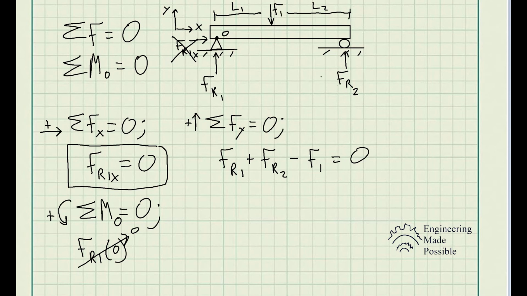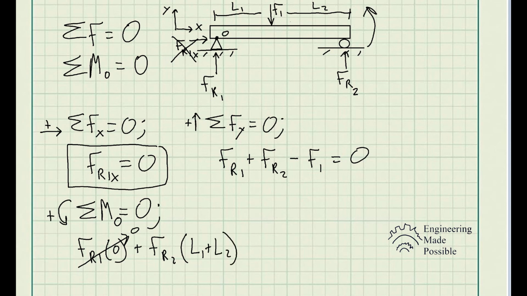So now FR2 here, if this were to push up, then it would cause a rotation along this point in the counterclockwise direction. So you see that it would move it up this way. So this would be positive, the reactionary force 2 times your perpendicular length, which would be L1 plus L2, for your torque.